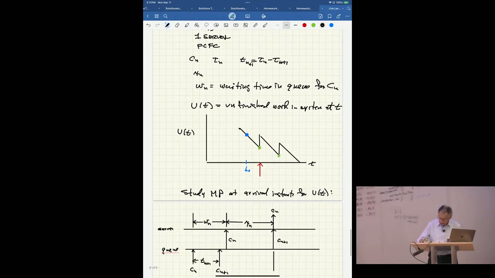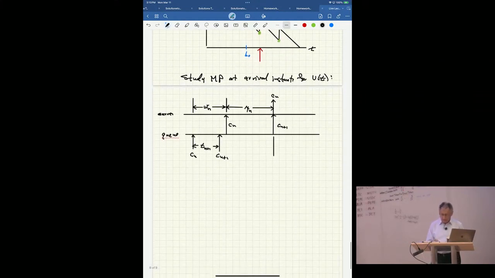Time between n plus 1 and n. Because the arrival time for Cn is tau n, and the arrival time for Cn plus 1 is tau n plus 1. And while I'm at it, there's another interval I ought to identify. This interval right here, what is the one I just drew? Wn plus 1. Cn plus 1 arrived here, and goes into service here, so the time he spent there is W sub n plus 1.